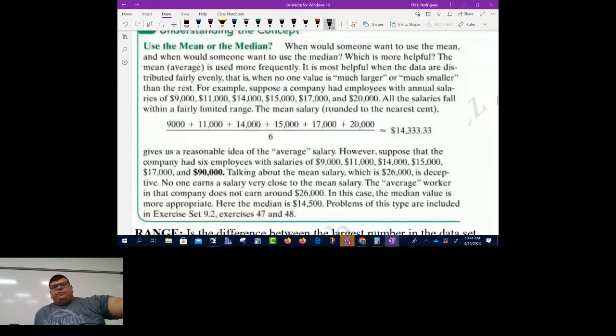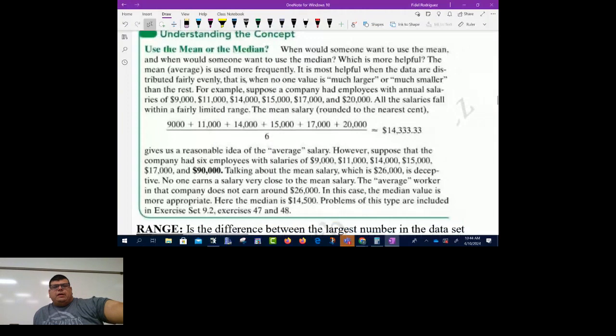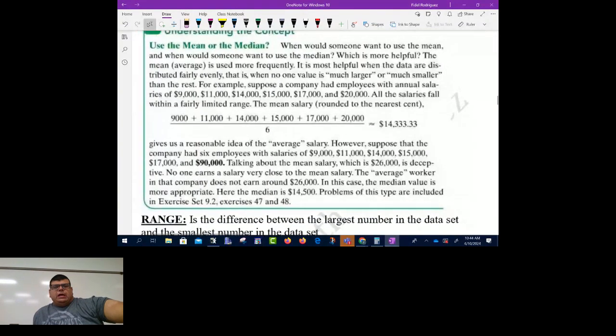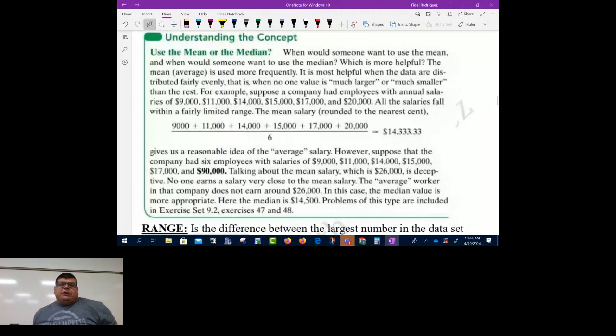Okay, so y'all, the idea here, and I'm just going to kind of explain this so that you get an idea of what's happening. So it says, which one is more helpful? When would the median or the average be more helpful? Okay, so y'all, it says right here it's most helpful when the data are distributed fairly evenly. That means when one number is not much bigger or much smaller than the other.